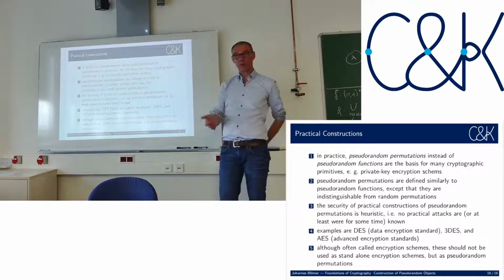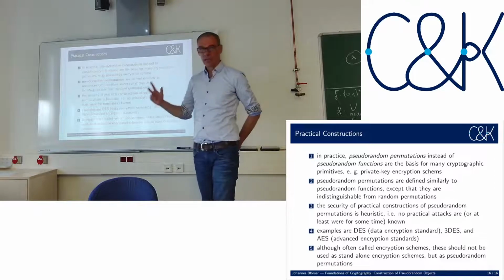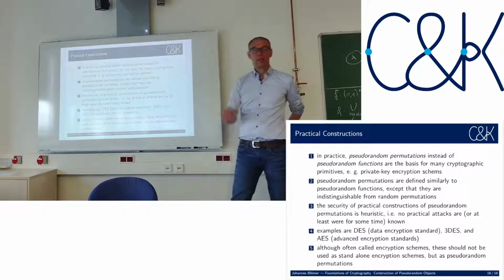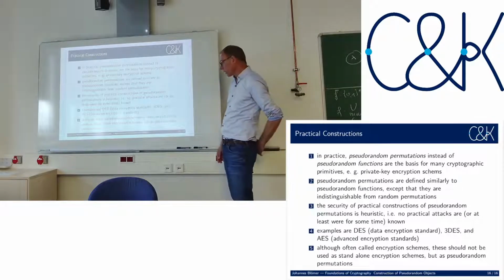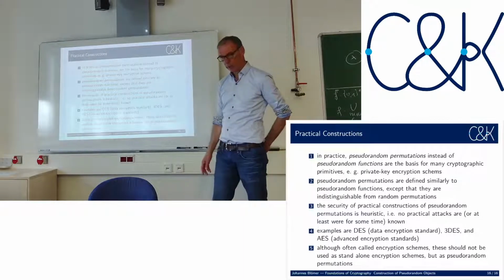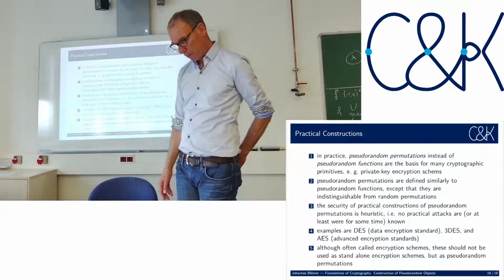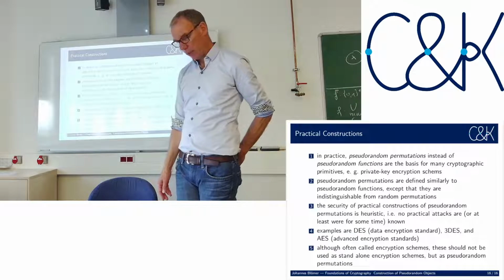Other things include Galois counter mode, things like that. These are different modes of operation, as I call them, and they really lead to the encryption schemes, the symmetric key or private key encryption schemes.